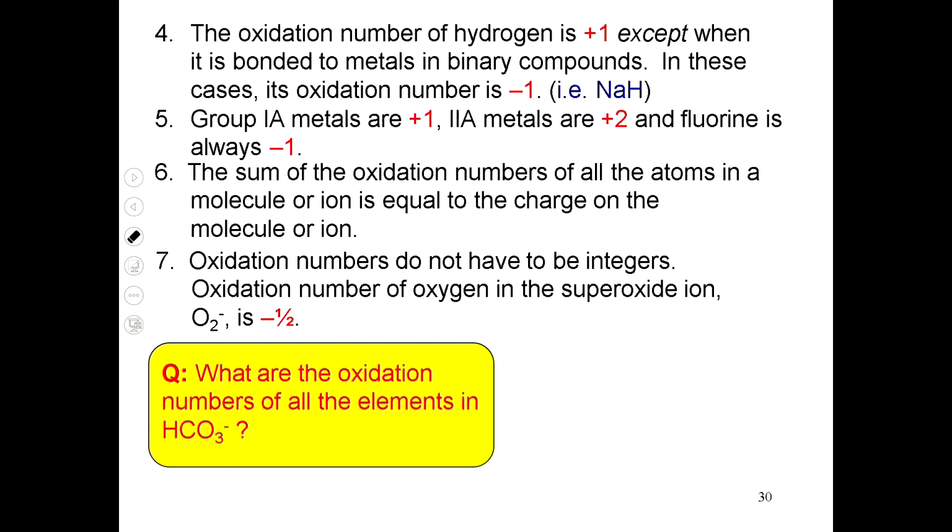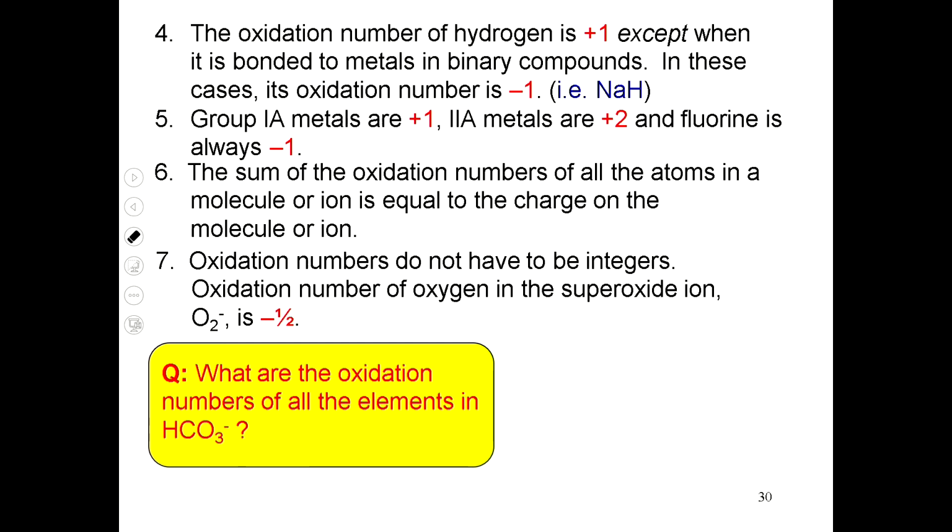Now question. What are the oxidation numbers of all the elements in this one? When we determine the oxidation numbers, we first figure out the common ones. In this case, hydrogen is +1, right? It only shows -1 with sodium. And oxygen is basically -2.